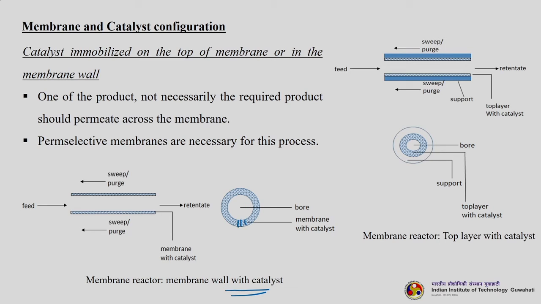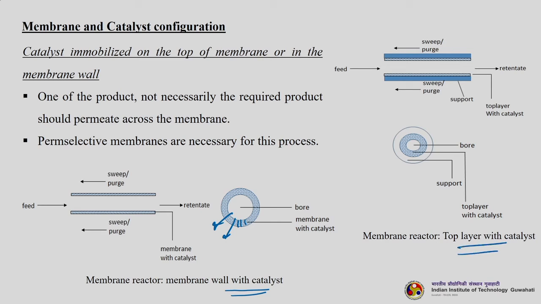One of the products, not necessarily the required product, should permeate across the membrane. You decide that by virtue of the nature of the reaction, what type of reaction will happen. So, one will diffuse out like this through the membrane. This is another one where the top layer is loaded with the catalyst.